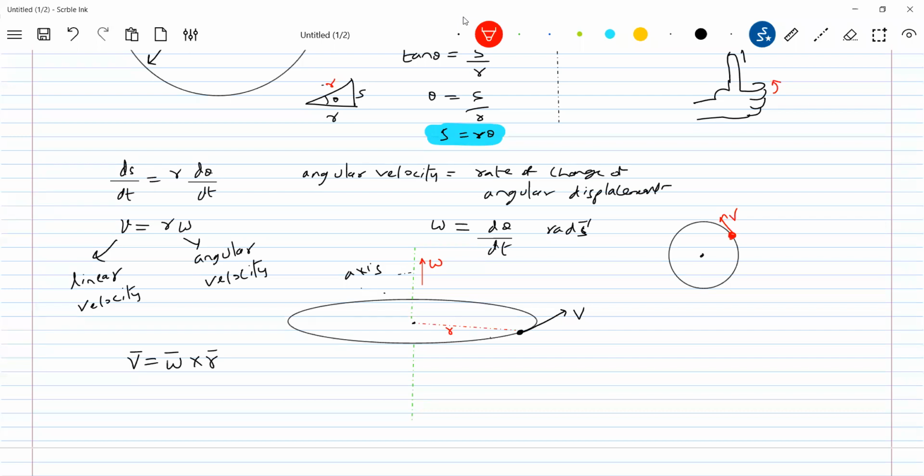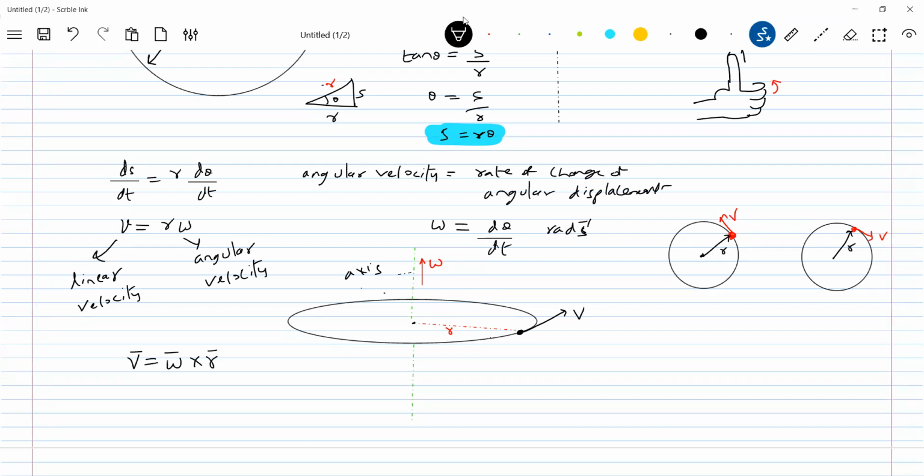Omega will be directed out of the plane. If the particle moves clockwise, how will omega be directed here? Omega will be directed into the plane.